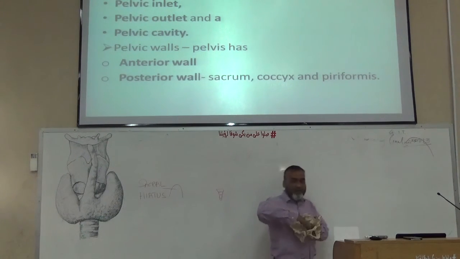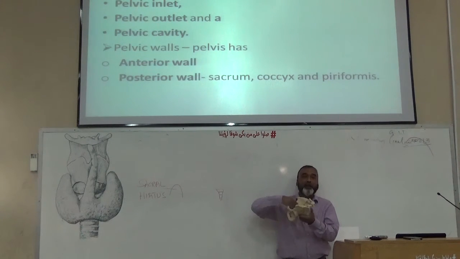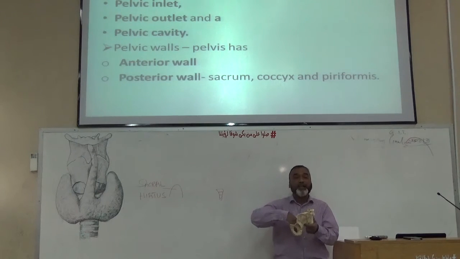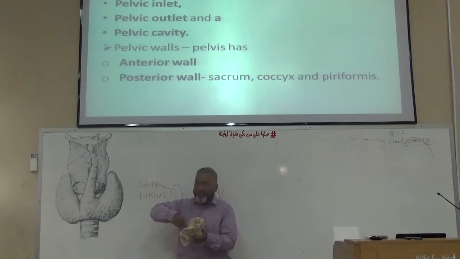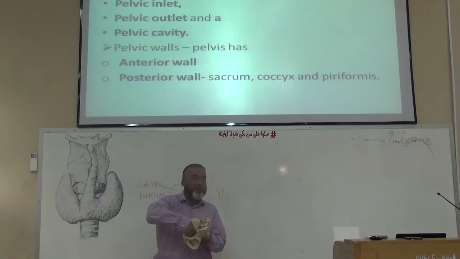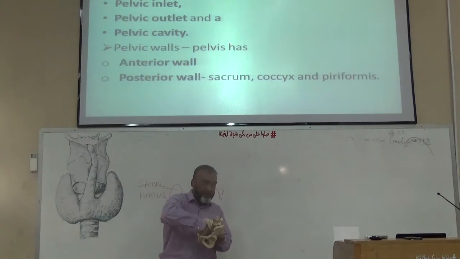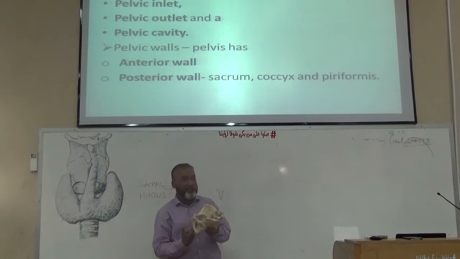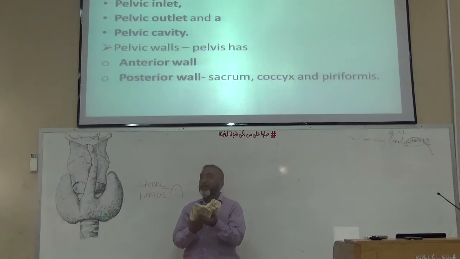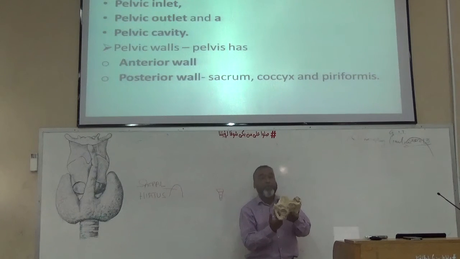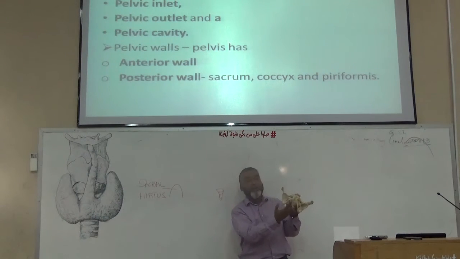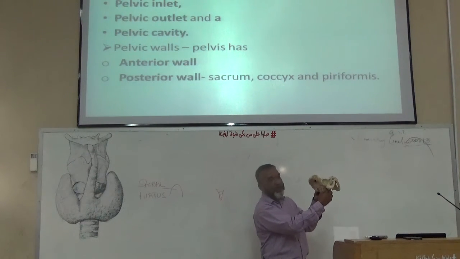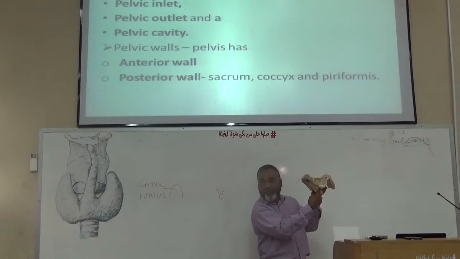Clear? So if you see the lateral wall, the outermost layer is the obturator internus muscle. If we see its origin, it is attached to the margins of the obturator foramen, and it goes out of the pelvic cavity through the lesser sciatic foramen.